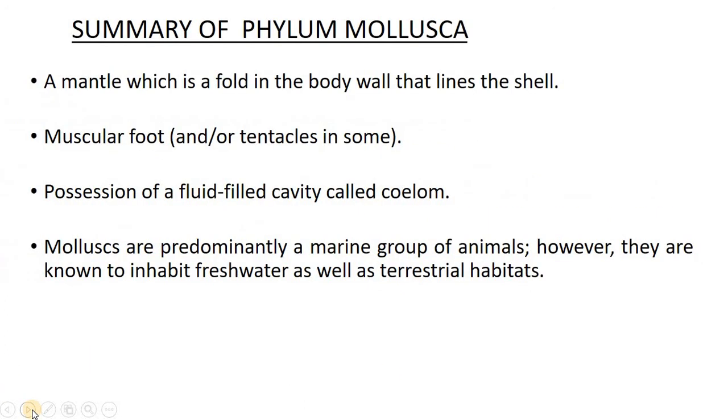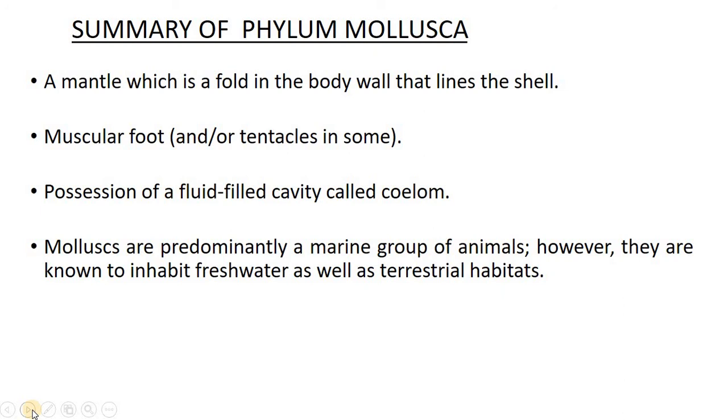Further, the mantle is there, which is found between the shell and the visceral mass. Then next character, the muscular foot is there, usually ventral in position, and octopus have the tentacles. Next, there is a fluid-filled cavity called coelom.